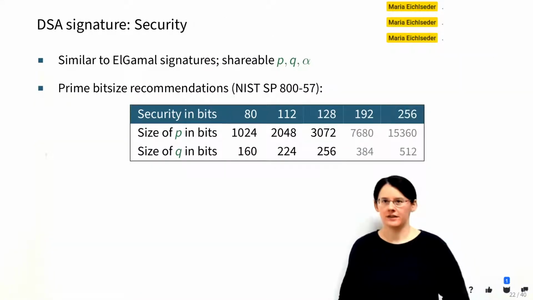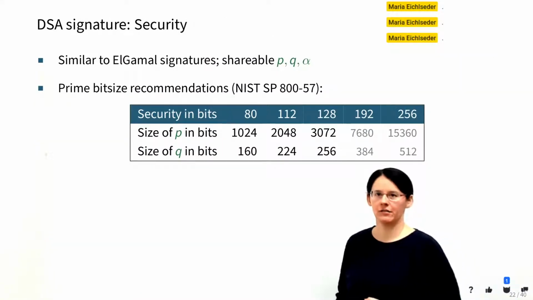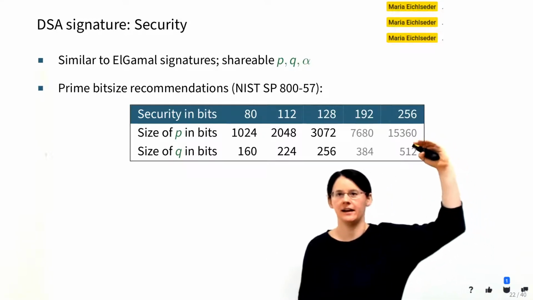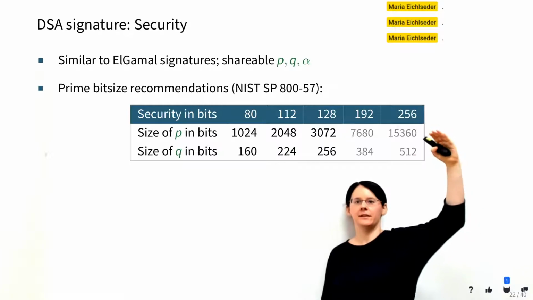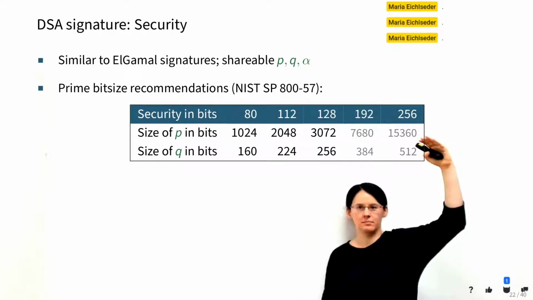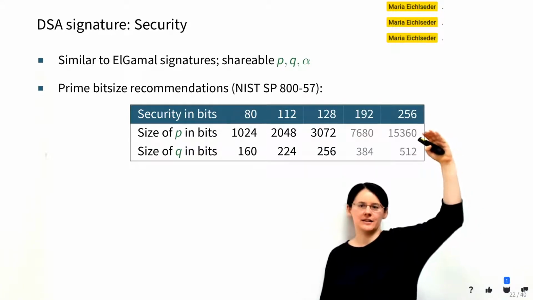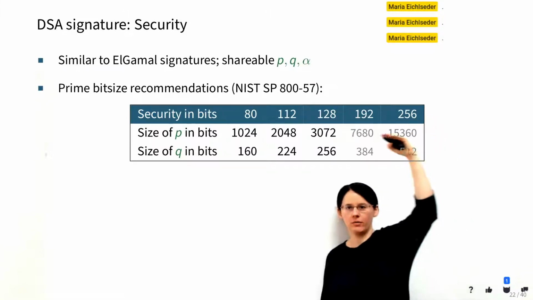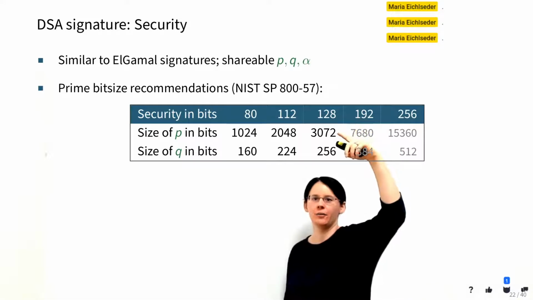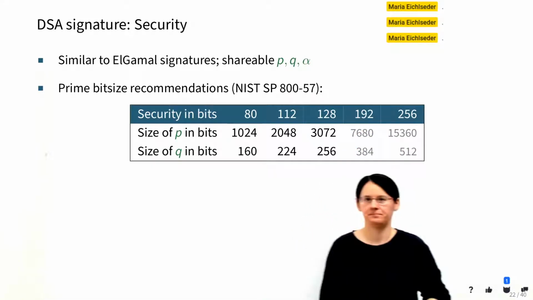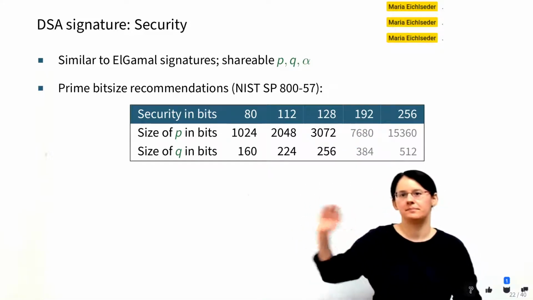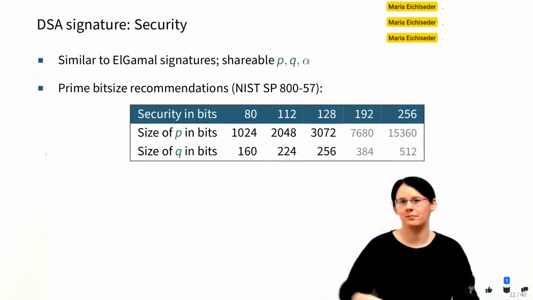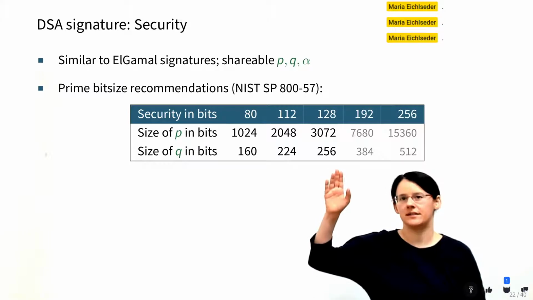What we receive as a result, if we look at the security level, is the following. So for this DSA algorithm, the size of the main modulus P is essentially the same as for RSA for a particular security level. So for example, for 128-bit security, we get a 3000-bit key. However, this Q can be a much smaller prime number, namely only twice the security level.